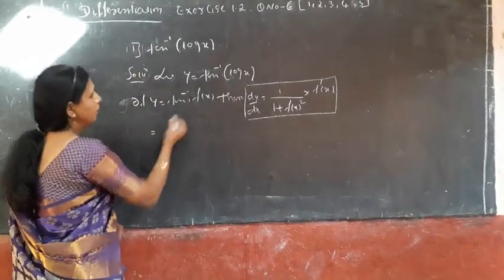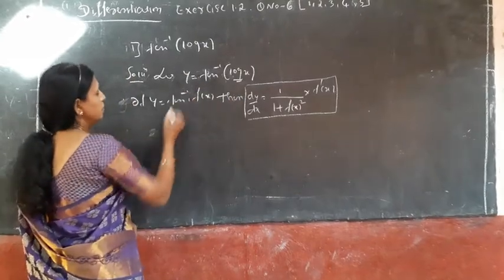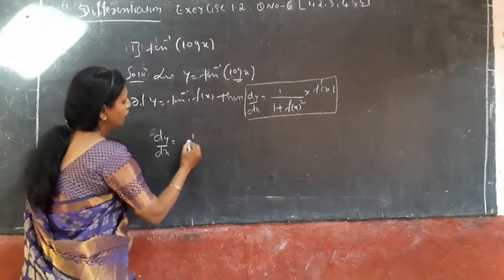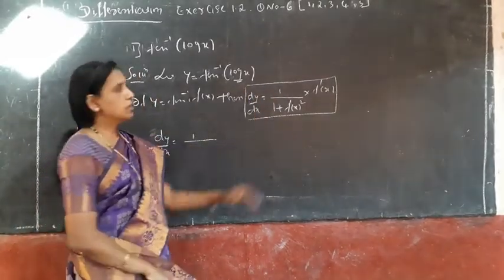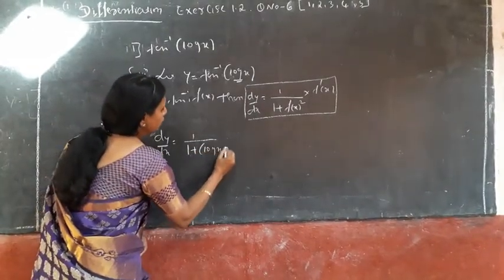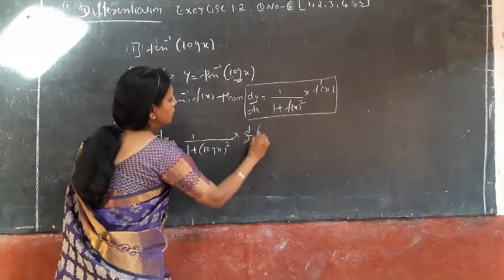So write, this is f of x, therefore differentiation of above becomes dy upon dx according to the formula 1 divided by 1 plus f of x raised to square, 1 plus log x raised to square into d dx of log x.